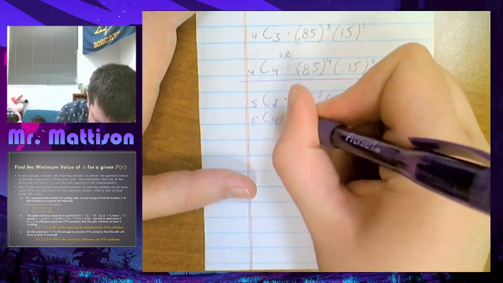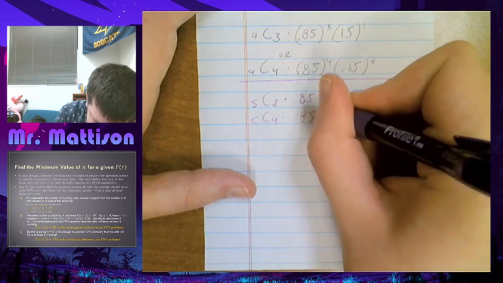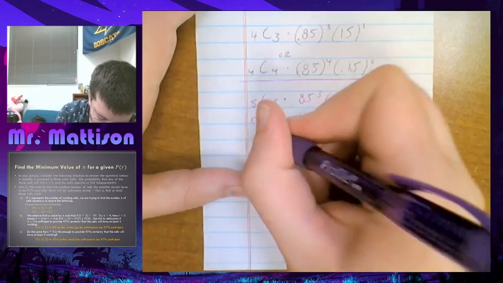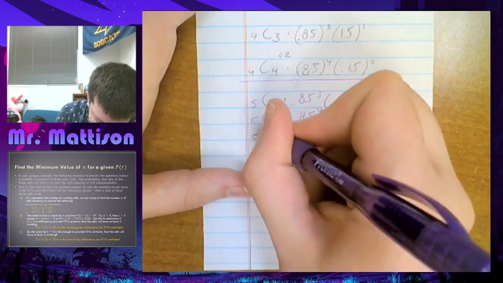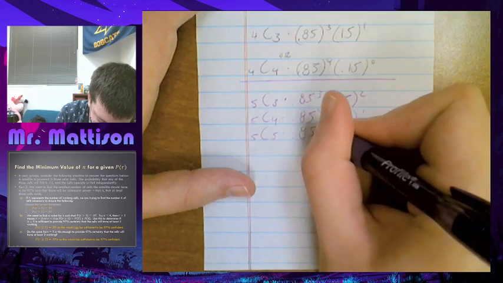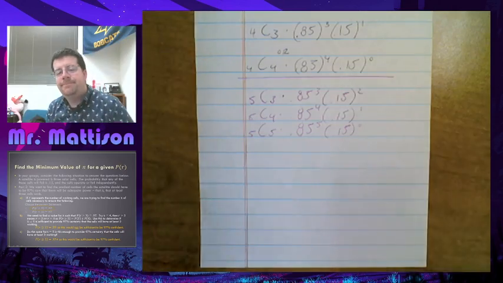What if 4 work out of those 5? That's 0.85 raised to the fourth times 0.15 to the first. And my last case is all 5 of those 5 work, which is 0.85 to the 5th power, 0.15 to the 0.